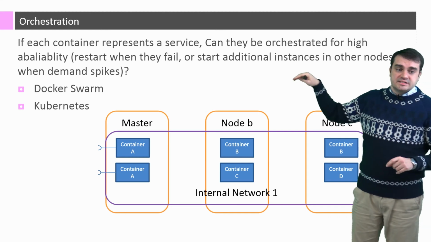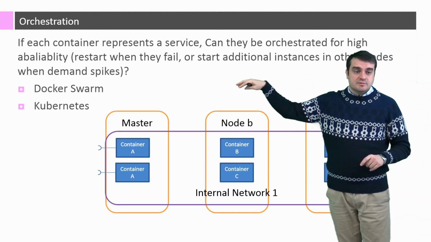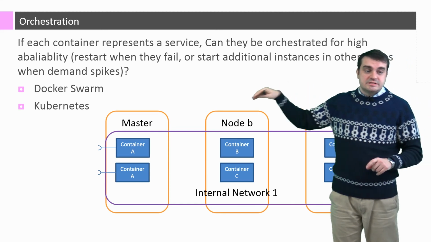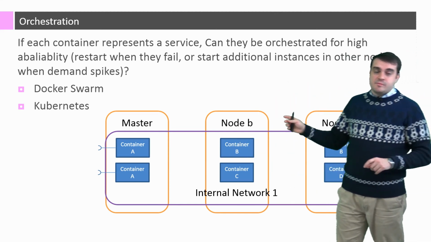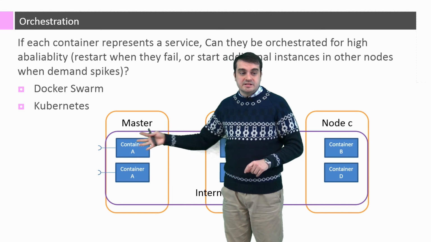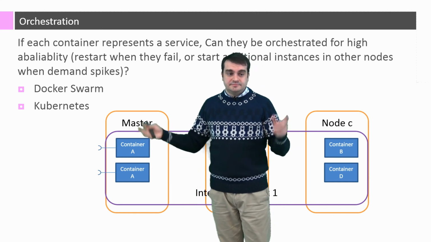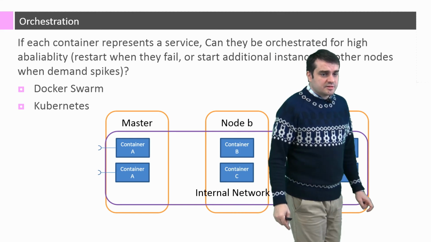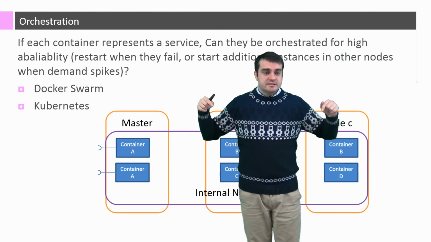So essentially, the idea is that we might want to have our application distributed in different nodes. We might want our containers, our services to be replicated in case one of them stops for whatever reason. We might want to have them replicated in different nodes.